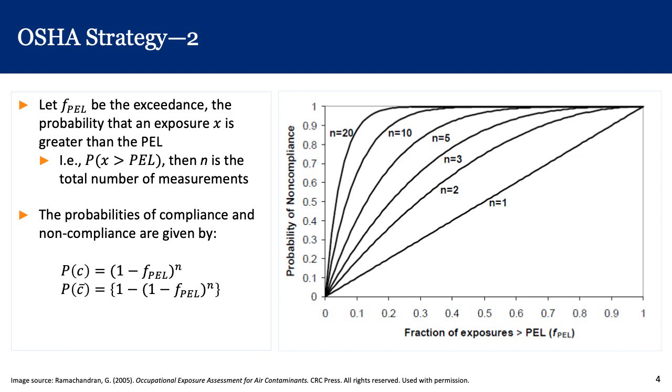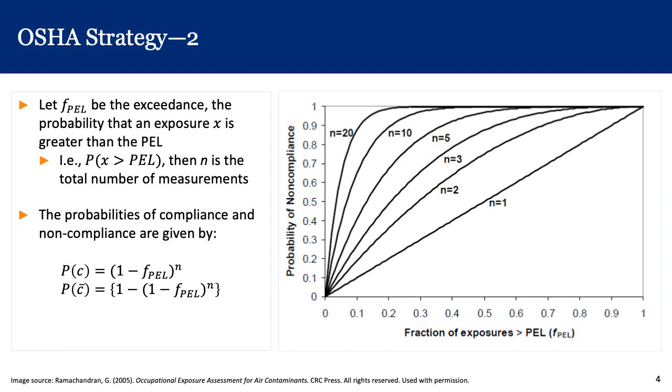It's a direct 1:1 relationship. Let's look at one particular point along the x-axis. Let's say the exceedance fraction of 0.2 or 20%. So now if you have two measurements, the probability of non-compliance is almost 35%. And if you take three measurements, now suddenly it is almost at 50%. And if you make 10 measurements, you are almost at 95%.